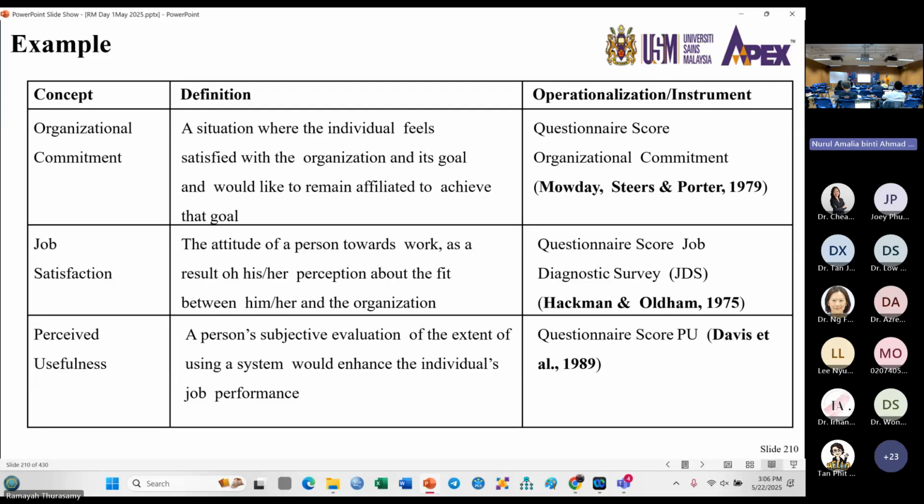We want to measure weight, right? What instrument do you use? A weighing scale, right? That's the instrument. But if you now want to measure commitment, you cannot use a weighing scale. So the instrument is either objective or subjective. These are subjective instruments, a questionnaire, we call it. We are still using the same term called instrument, but objective or subjective. This is how I like to explain it, easier for students.